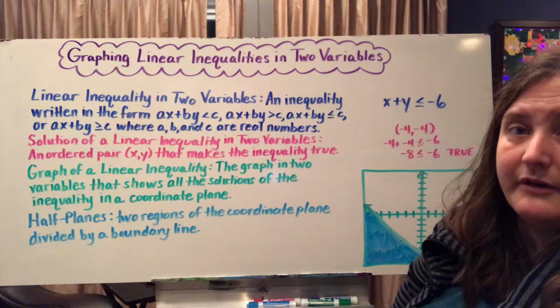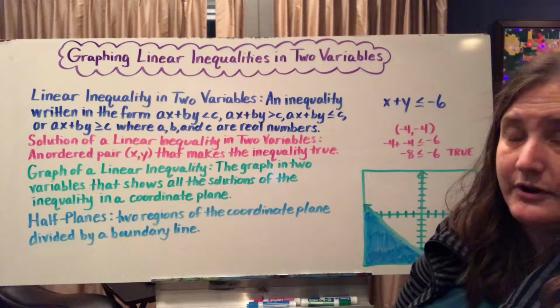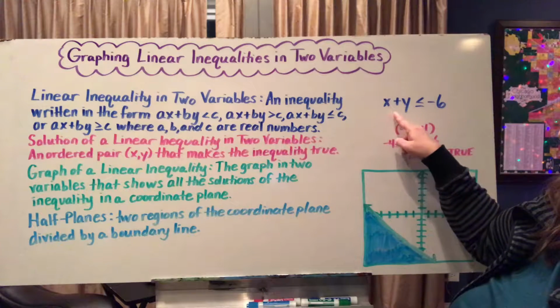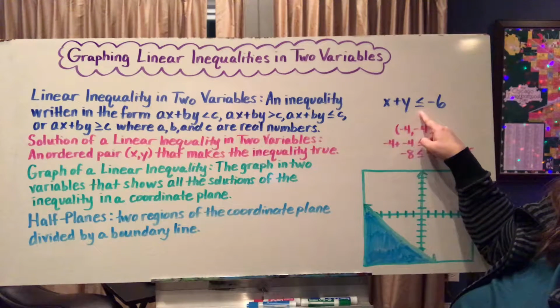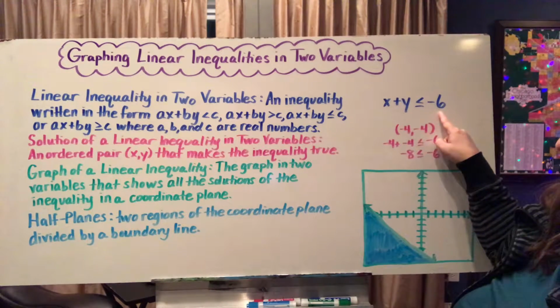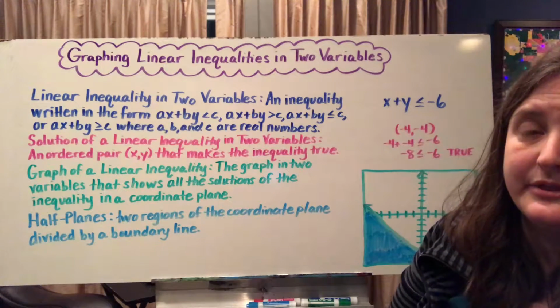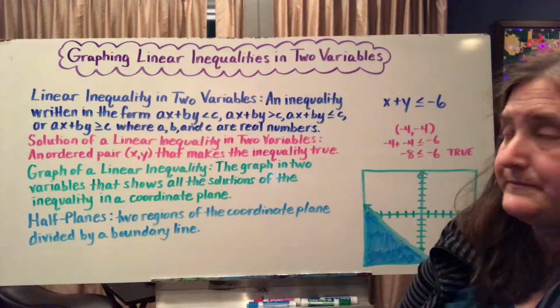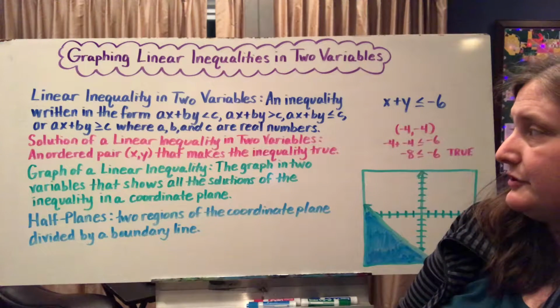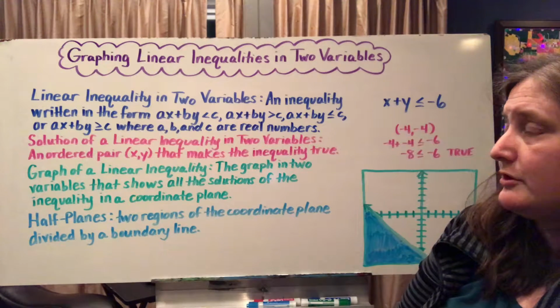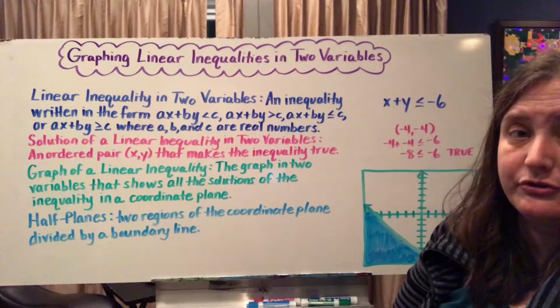An example of a linear inequality in two variables would be x plus y is less than or equal to -6. In this case, my a and my b are represented by the coefficients 1. A solution of a linear inequality in two variables is an ordered pair that makes the inequality true.